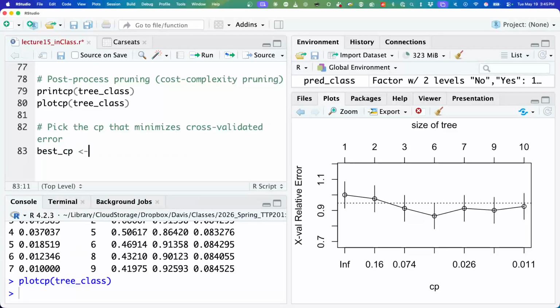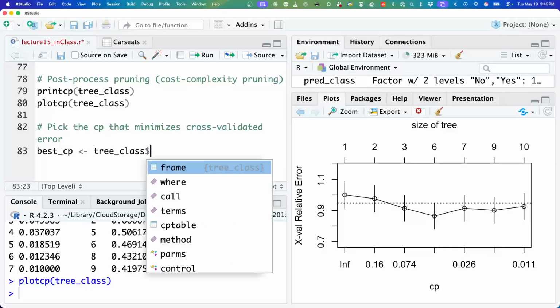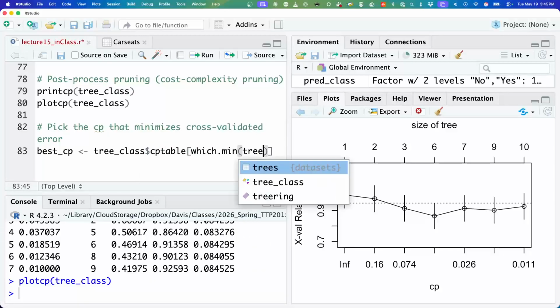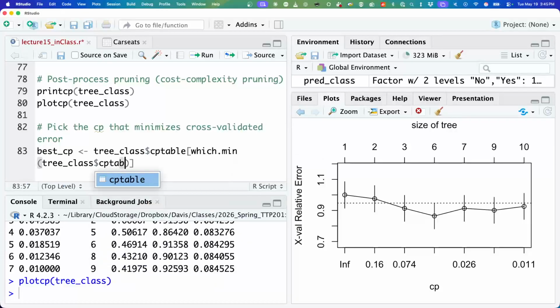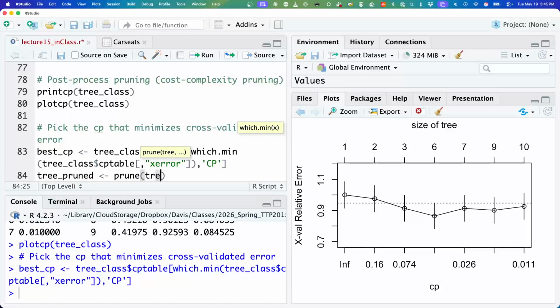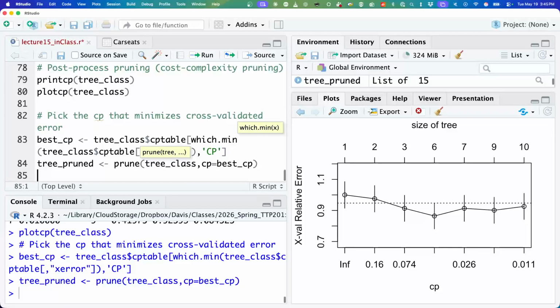So best CP is, we're going to look at our CP table and essentially pick the smallest one. And we're going to use a function called prune using the best CP.